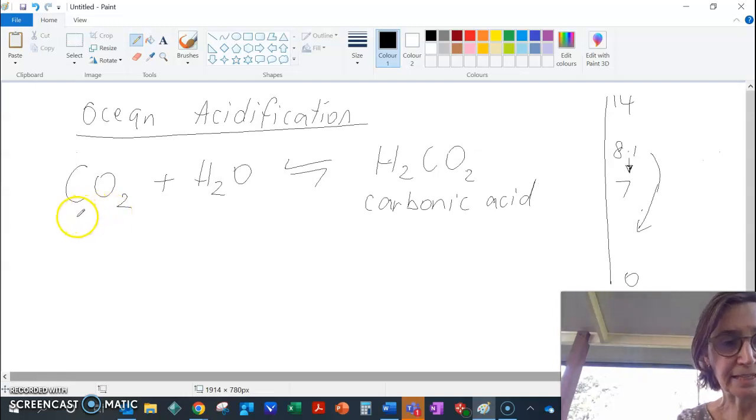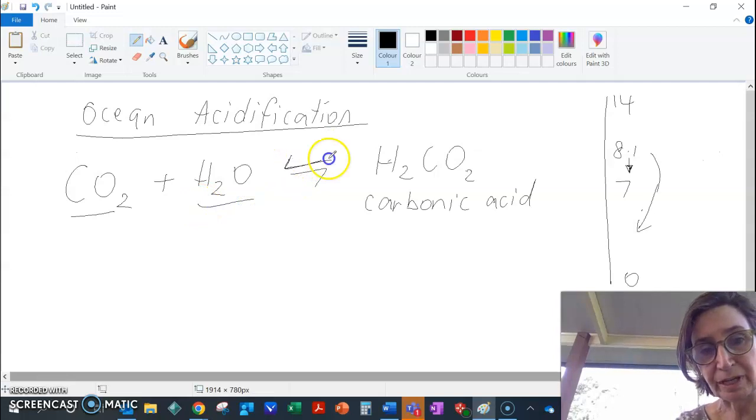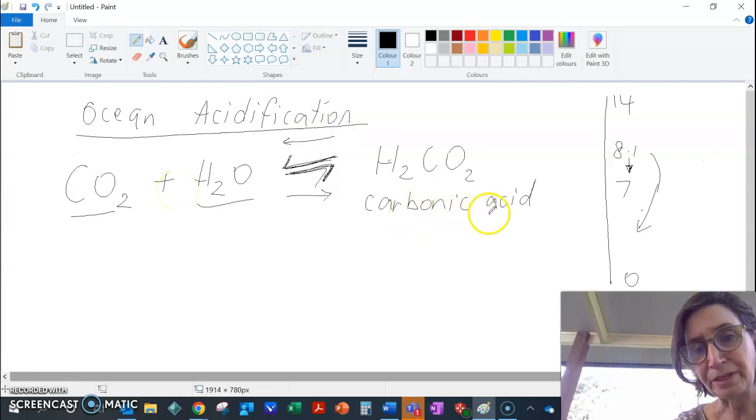So you can see that this carbon dioxide which just dissolves in the ocean from the atmosphere reacts with the water. You can see this symbol here is a little double-headed arrow, which shows that this equation is in equilibrium. Some of the time it goes in that direction, and some of the time it goes in that direction, depending on the concentration of the substances. And it's forming this substance here, which we call carbonic acid.